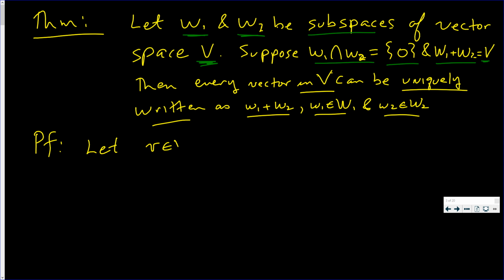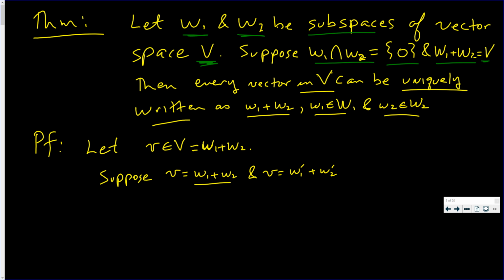Let v be in V, which is equal to W1 plus W2. Suppose v is equal to little w1 plus little w2, and so v can be written as little w1 plus little w2, and v can be written as w1 prime plus w2 prime.